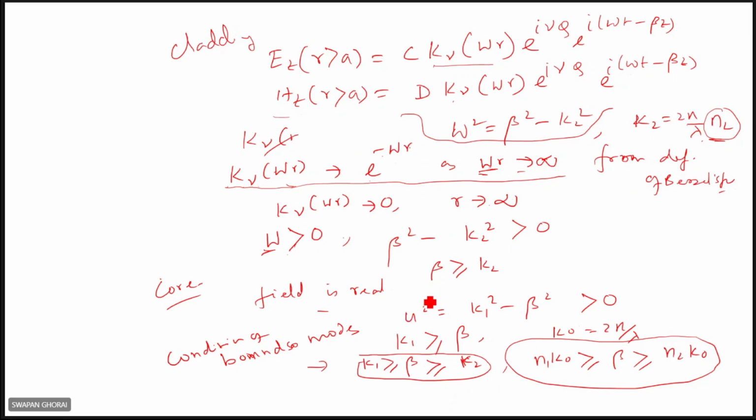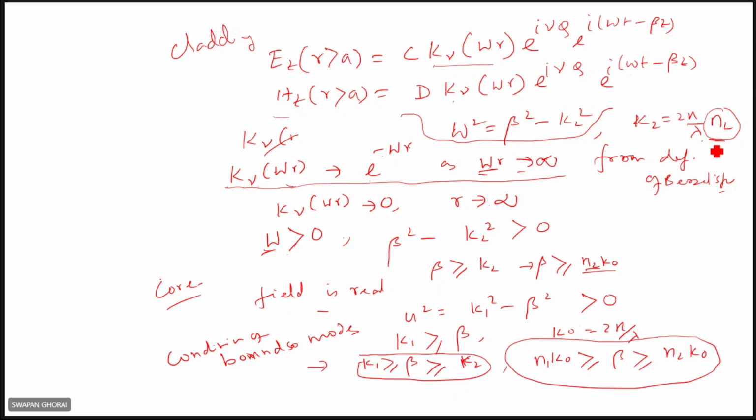That means K2 is actually N2 K0 in terms of the free space propagation constant. So beta should be greater than or equal to N2 K0, right?